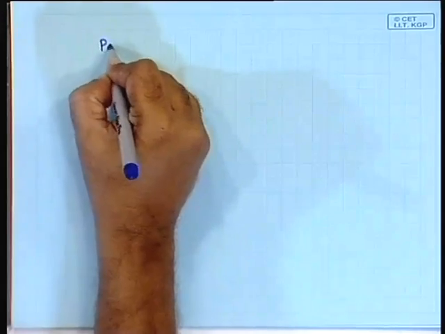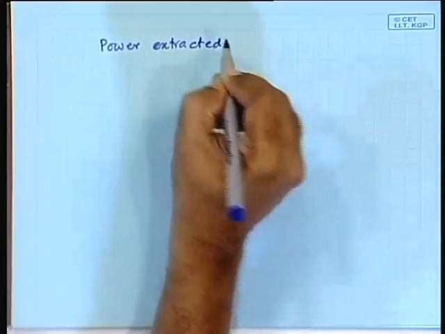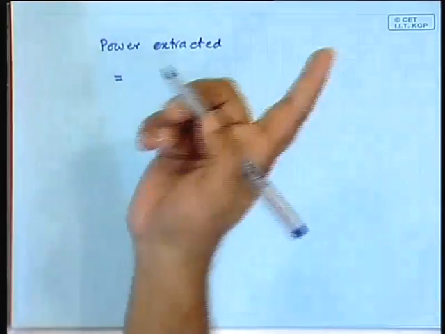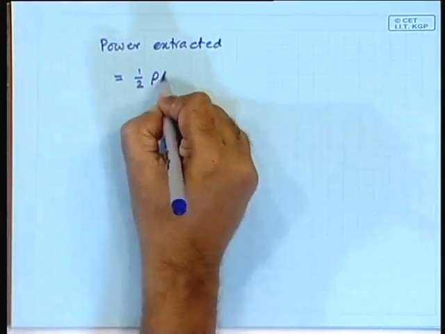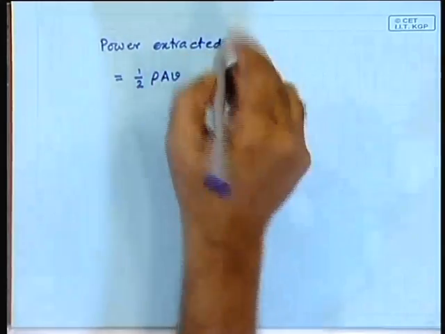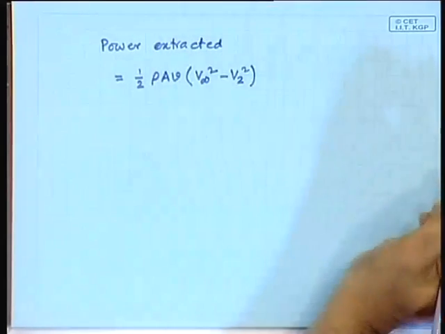Now, we come to the issue of how much will be the power. How much will be the power extracted? It is the drop in kinetic energy of air. Simple. This much was the kinetic energy and that much has been extracted. So, the power extracted is the drop in kinetic energy: half rho A v times V infinity square minus V2 square, right.